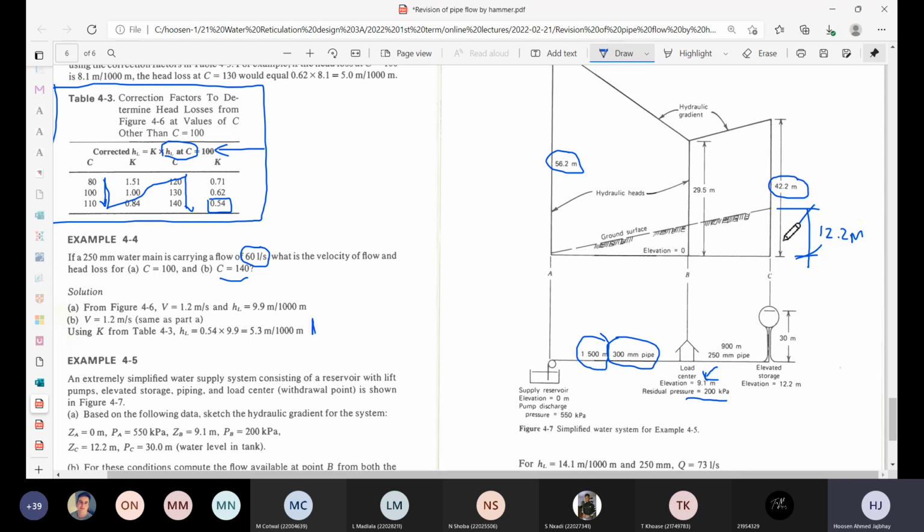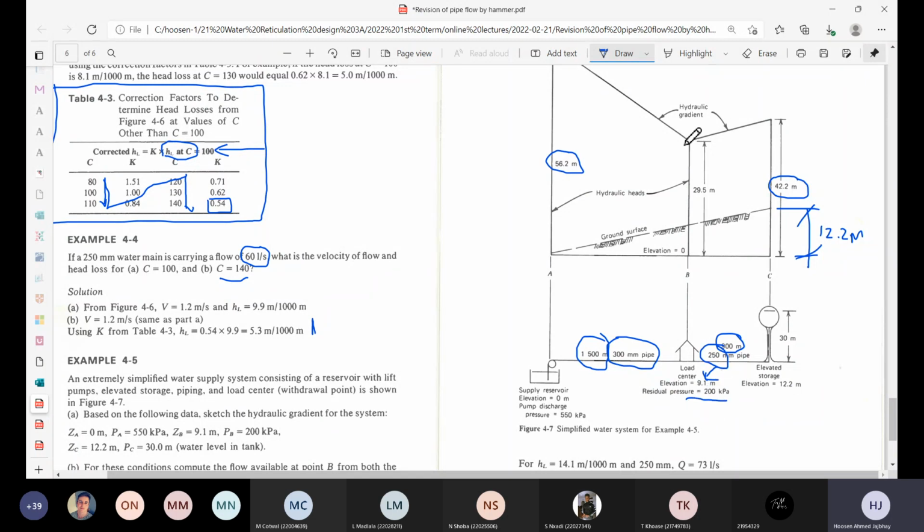So you have the elevated water tower, and from this elevated water tower there's a 250 millimeter pipeline, and it's 900 meters long. It's also supplying water to point B. And again, you'd have some friction losses, and by the time the water arrives at point B, the pressure in that pipeline, we're assuming, is 200 kPa.